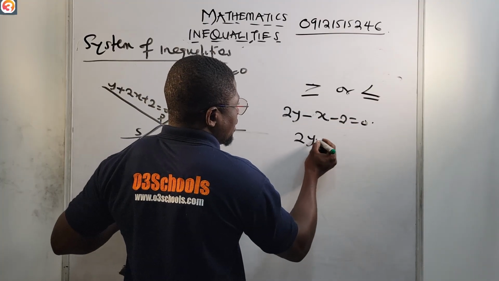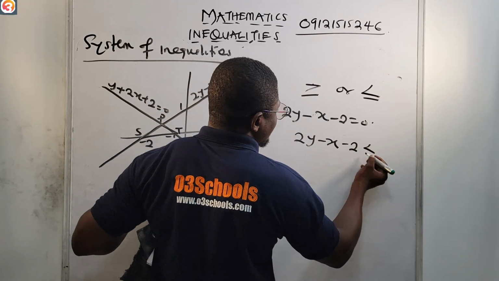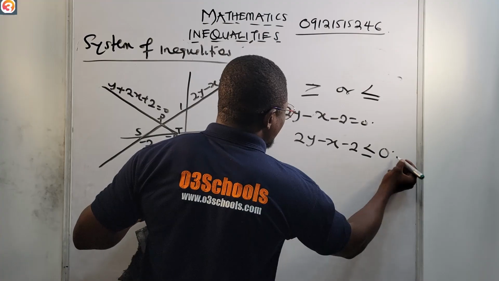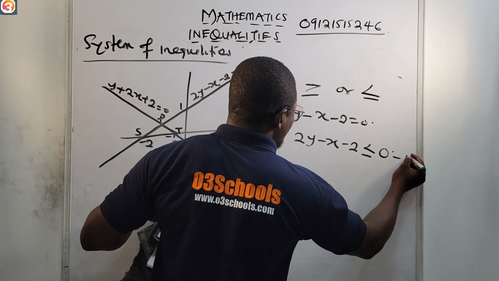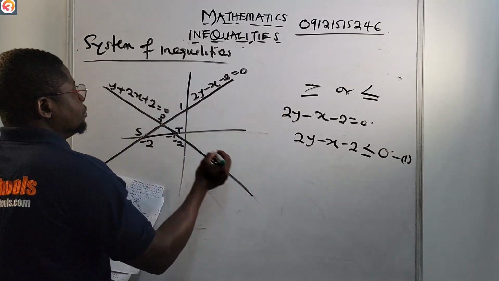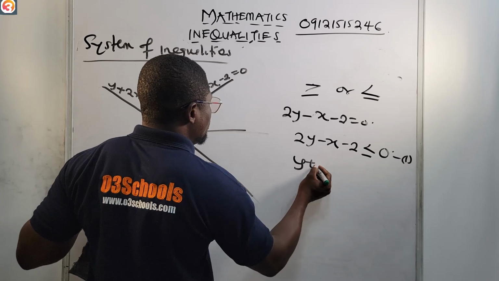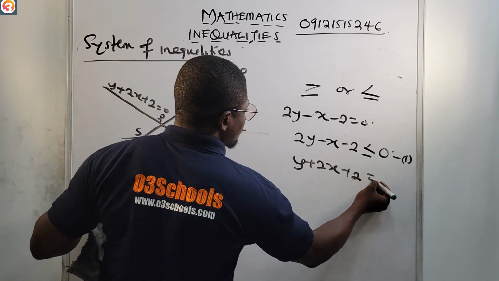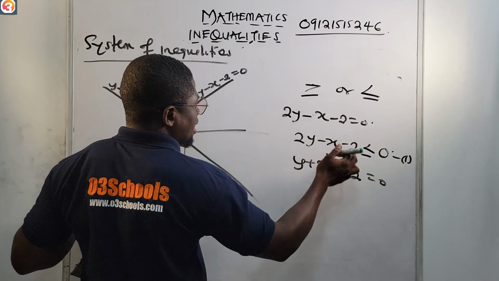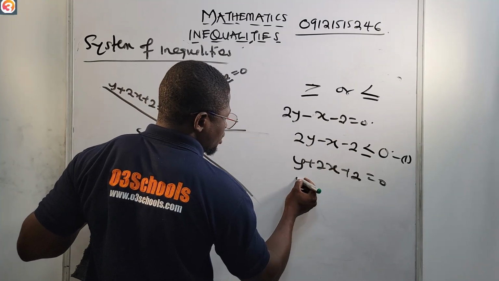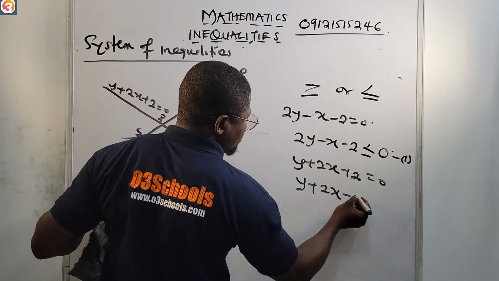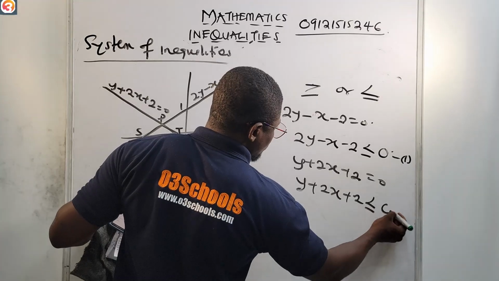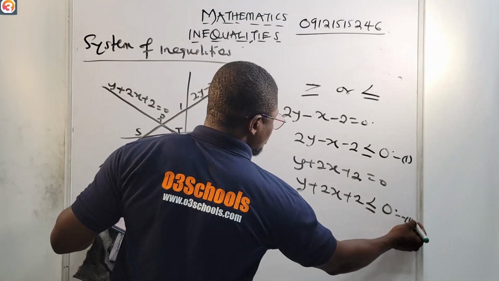I'm going to have 2y minus x minus 2 less than or equal to 0. So this is our first solution. Now for this one also, lower region, y plus 2x plus 2 equals 0. So we put our weak inequality: y plus 2x plus 2 less than or equal to 0. So this is our second solution.